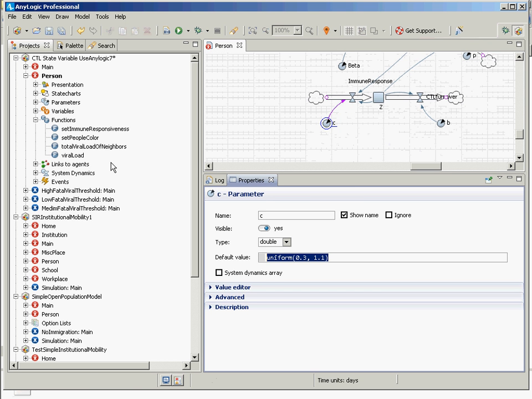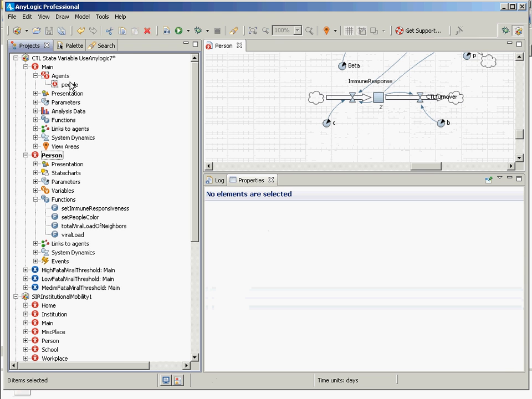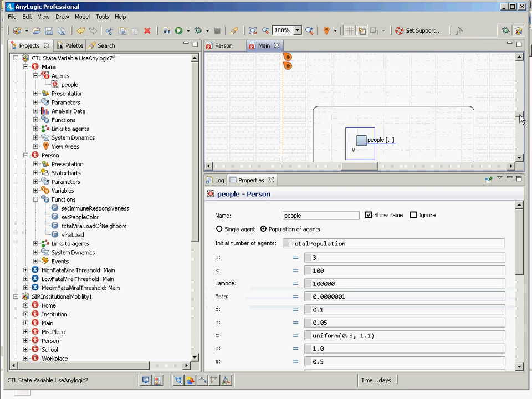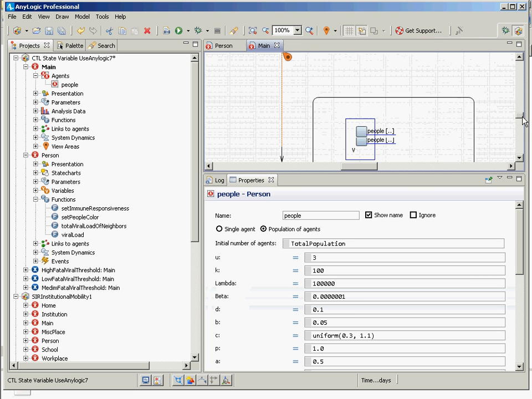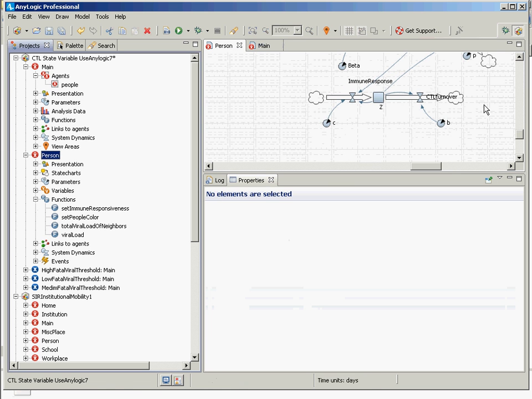They can also be dictated for the population as a whole here. For example, the value of C here is parceled out to individuals as a uniformly distributed variable between 0.3 and 1.1. So in other words, people are placed in this network with different levels of immune strength, okay? And they evolve according to these stocks and flows within a given person.